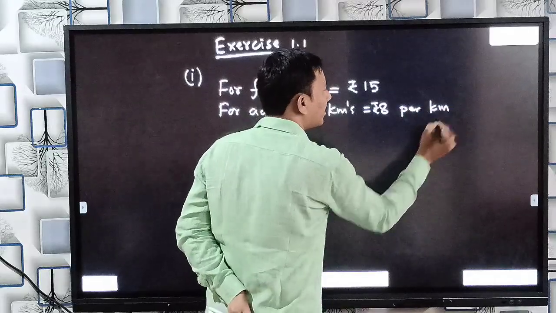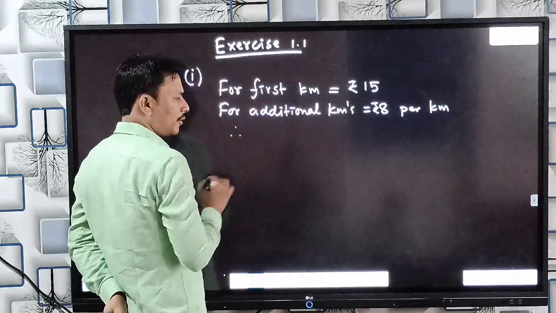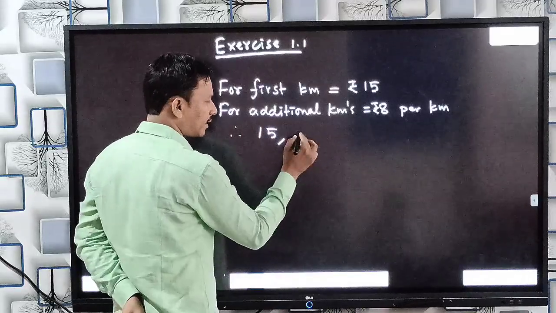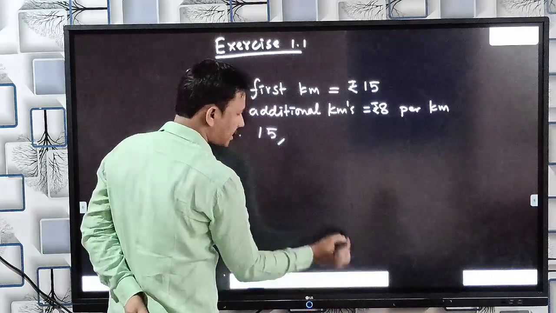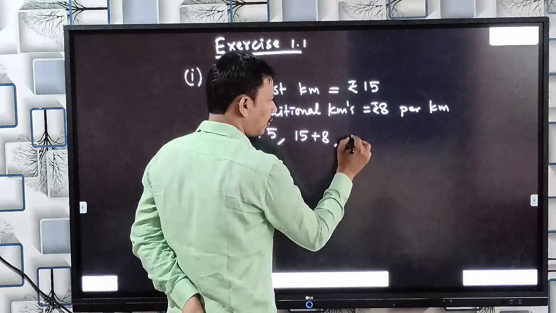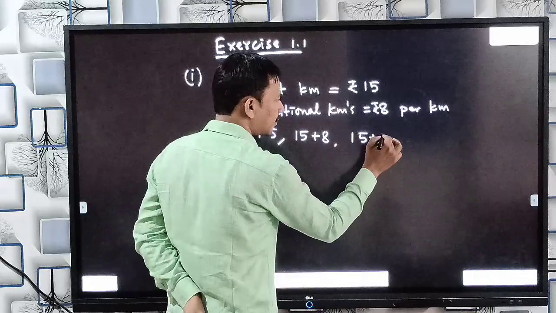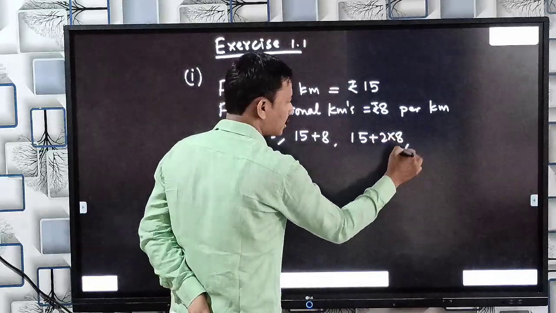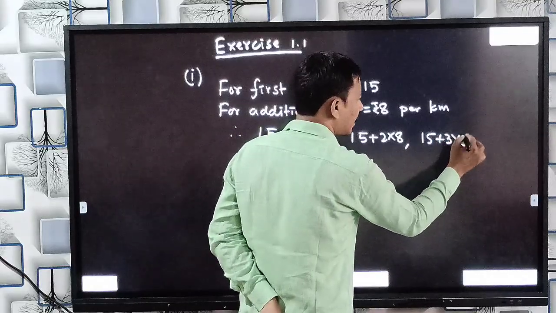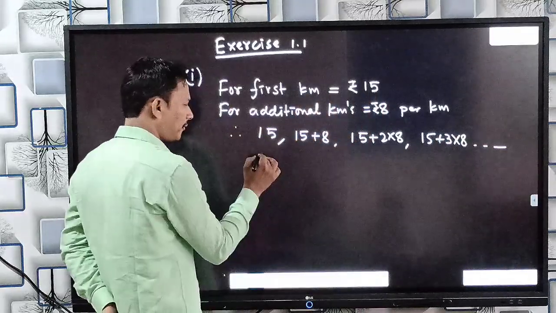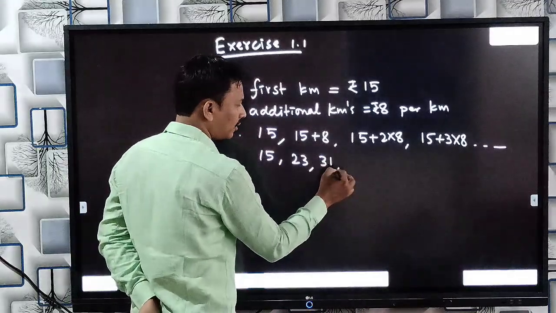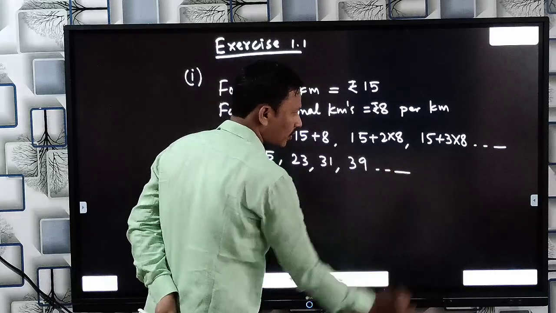Therefore, the first kilometer is 15. For the second kilometer, 15 plus 8 rupees. For the third kilometer, 15 plus 2 into 8 rupees. For the fourth kilometer, 15 plus 3 into 8 rupees. And so on. 15, 23, 31, 39, and so on.